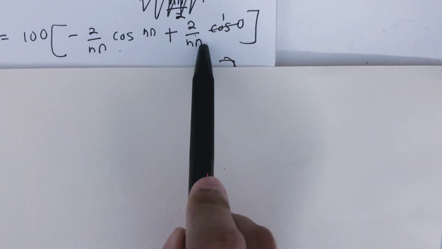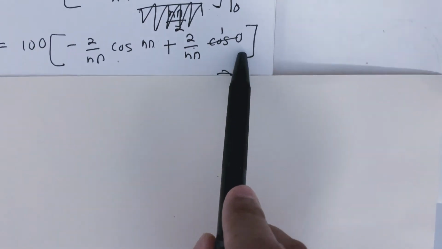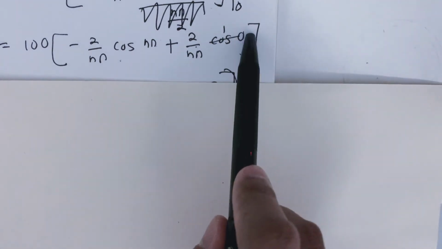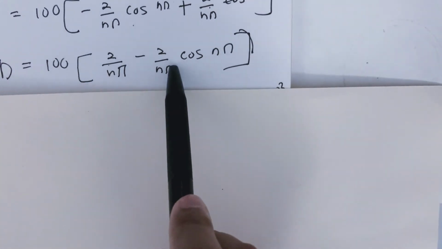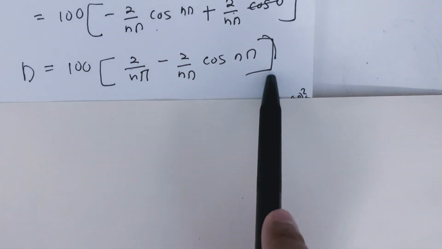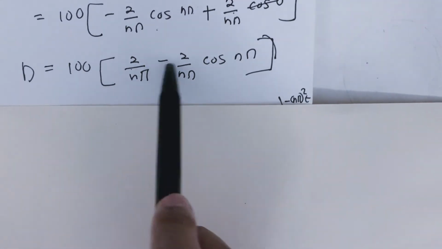The second one is 0, so cos 0 here. We can simplify this. Cos 0 is 1, so this is 2 over n pi minus 2 over n pi cos n pi. This is the value of D. We can also factorize it by n pi.